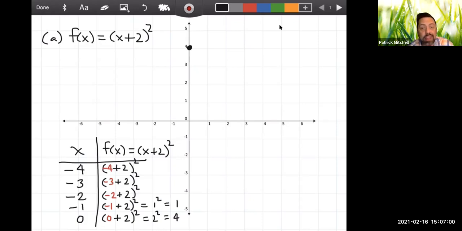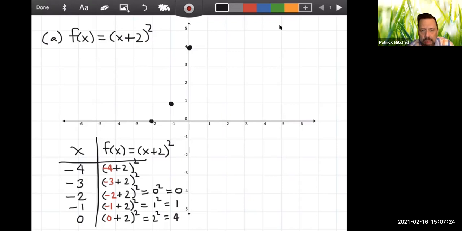So that tells me that this graph passes through the point (-1, 1), which is right here. Then we have -2. -2 plus 2 is 0. 0 squared is 0. So we're also passing through the point (-2, 0).